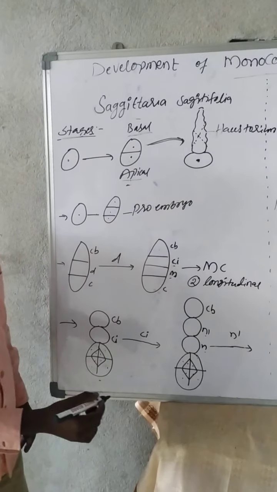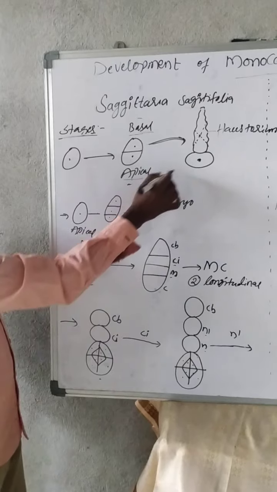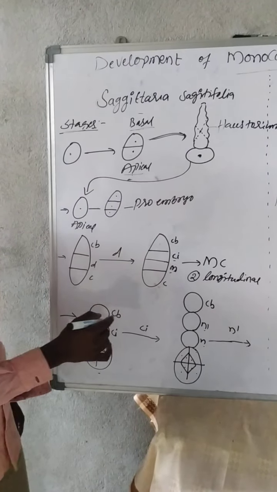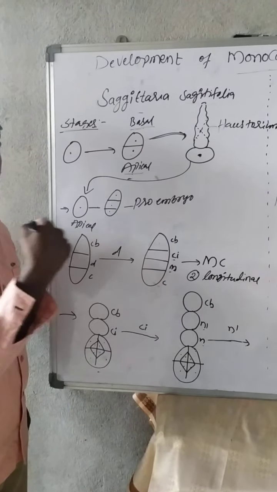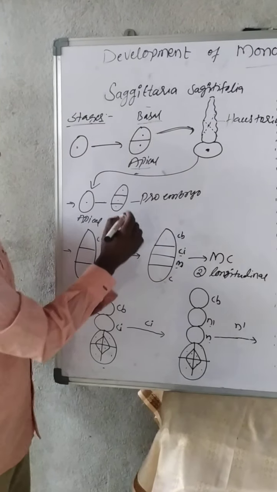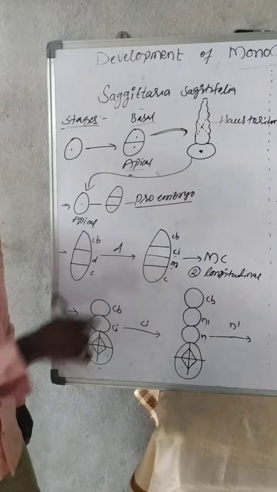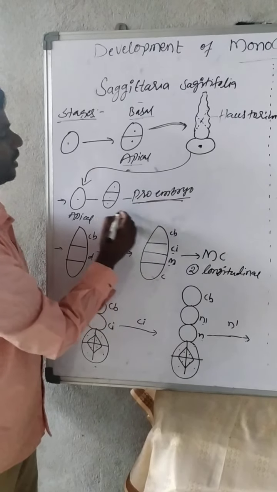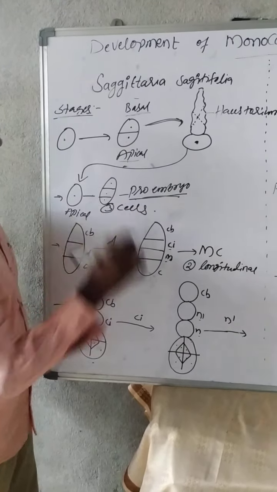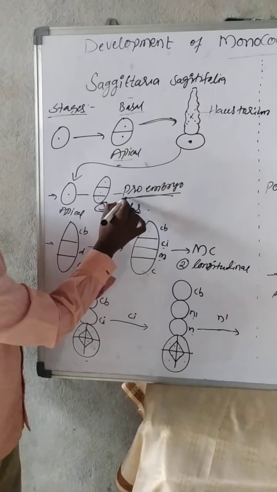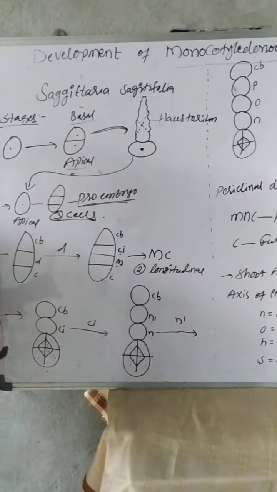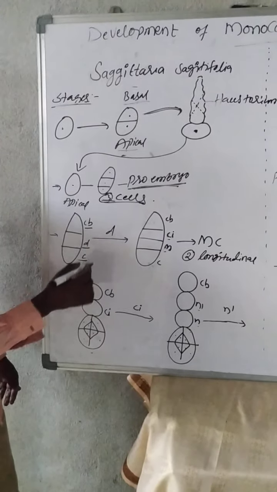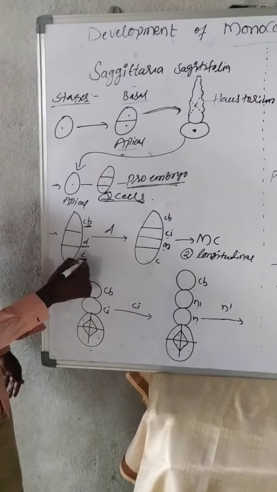The apical cell undergoes transverse divisions again and forms a two-cell stage, and after that a three-cell stage. The three-cell stage is called the proembryo. In the dicotyledon embryo the proembryo is four-celled, but in the monocotyledon embryo the proembryo contains only three cells. These three cells are CB, D and C.